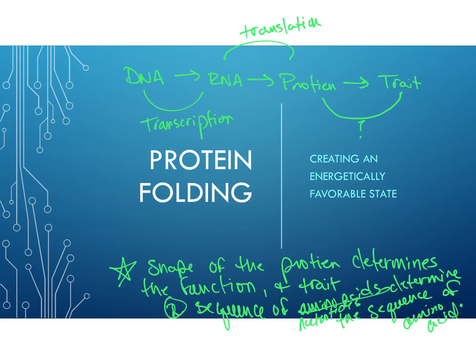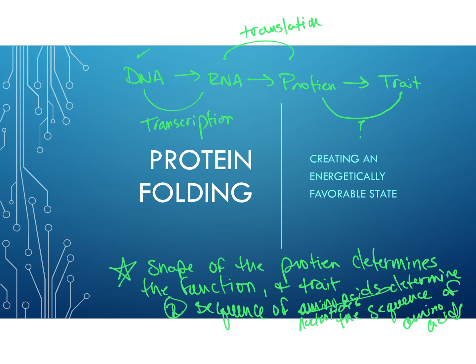Put that wherever in your notes, and you can pause here. The key thing is that a change in the DNA ultimately can have a downward effect on the overall protein and then the overall trait itself.